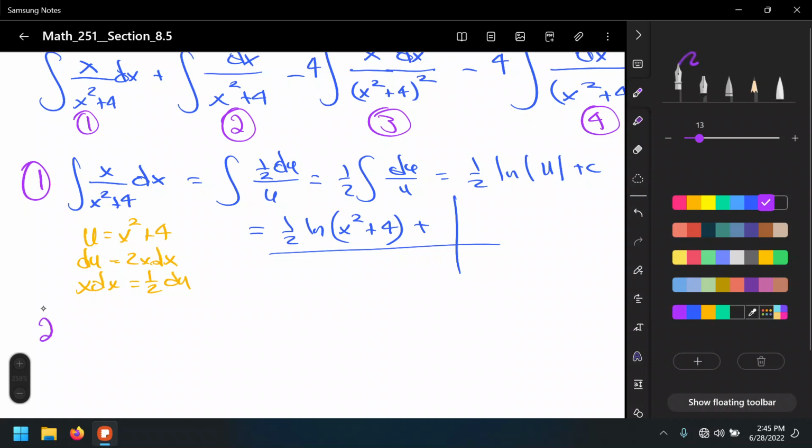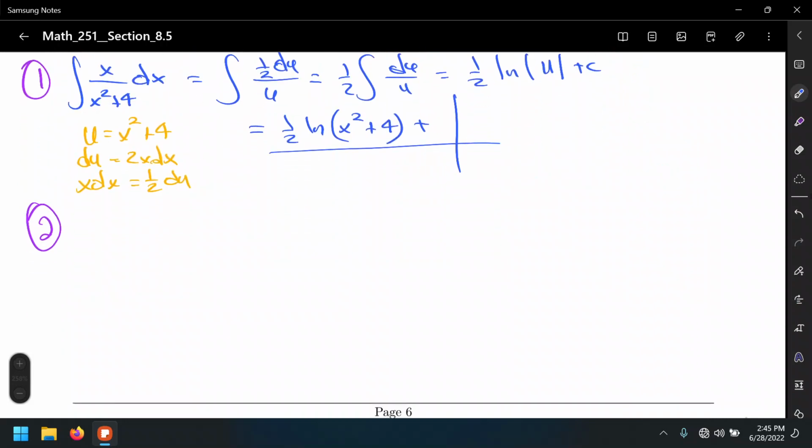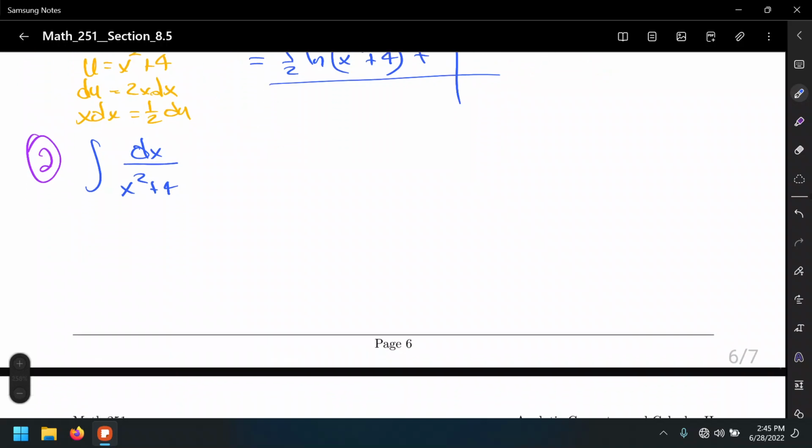The second integral, number 2. And let me write that down. That's the integral of dx over x squared plus 4. Any ideas on this integral? Arctan rule? Sounds good, because in this case we don't have that power of x multiplying the dx, which tends the du part of the problem if we chose to use the u substitution method. In this case, well, the integral of something squared plus something squared, that's x and 2.